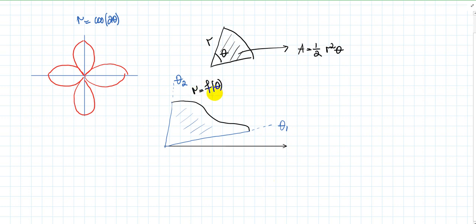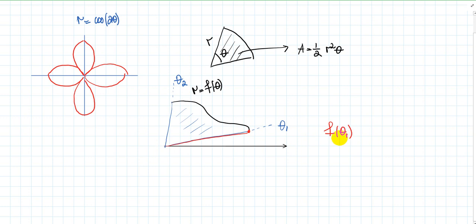What does it mean, f of theta? It means that if I choose different angles here, it's going to tell me how far away the points are from the origin. Basically, it's going to tell me the distances from the origin to the points, right? For example, if I would like to know the distance between the origin and this point, I need to evaluate the function at theta 1.